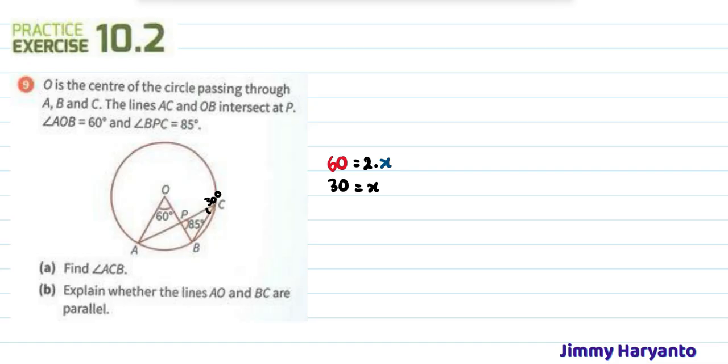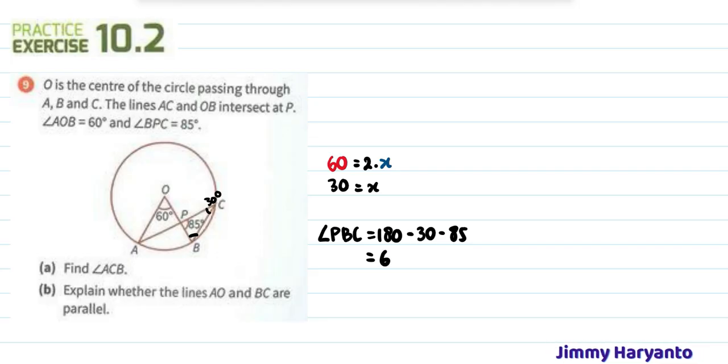That means I can find the angle PBC by using the triangle. PBC equals 180 minus 30 minus 85, which is 65 degrees. So we already know that this one is 65 degrees.